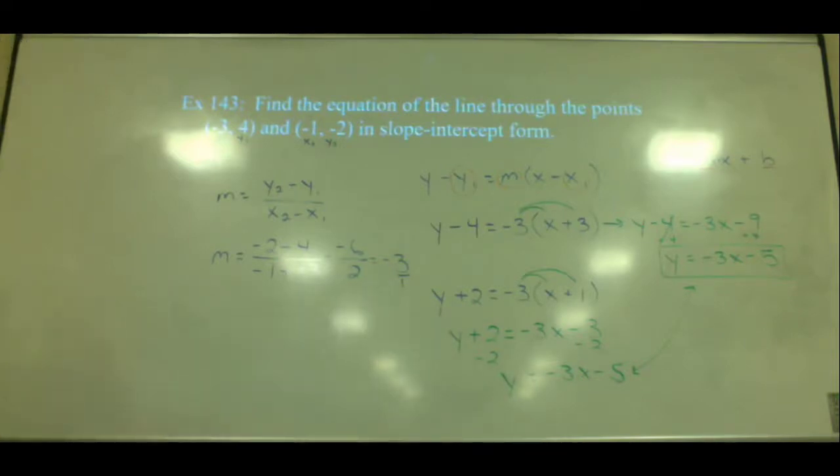Okay. So does that make sense? So there's our answer. Put it in slope intercept form. But again, you could do it with either one of the points, the first point that they give you or the second point. The only reason you need 2 points is because you need the 2 points in order to find the slope. And then once you know the slope, then you just need one of the points. It doesn't matter which one. So we have to put y equals -3x, for this one, yeah, because that's what the directions say.